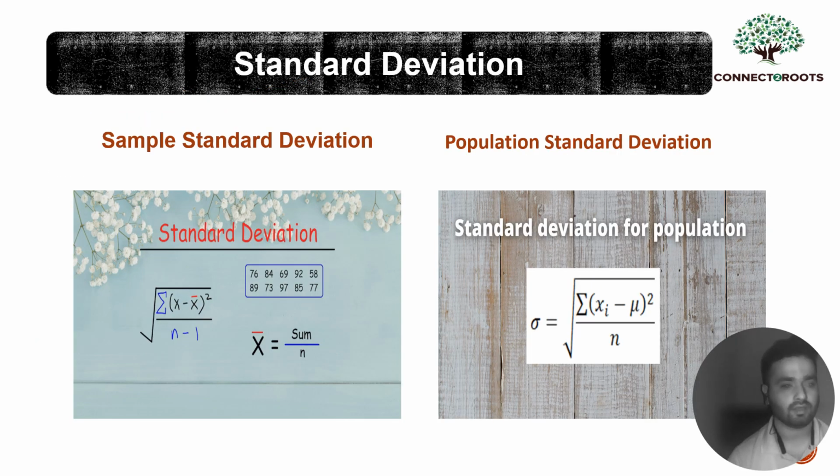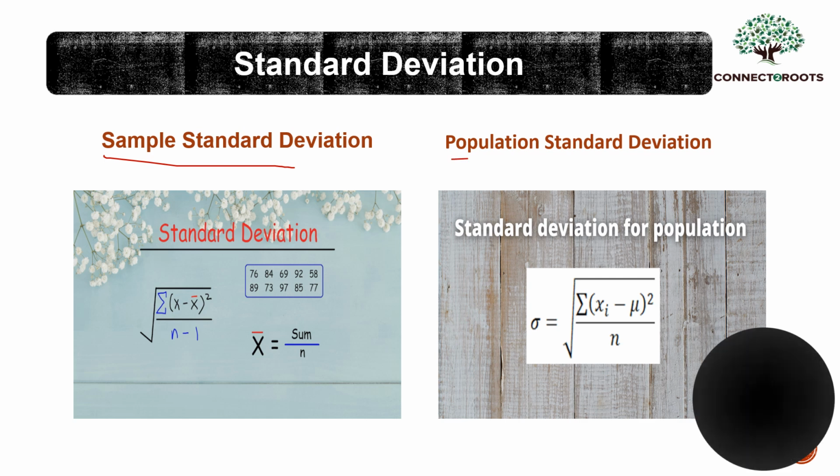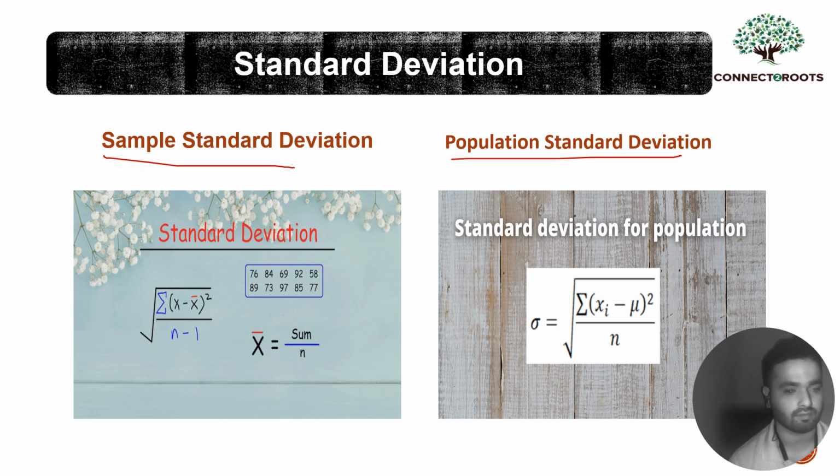So these are the two formulas, basically sample standard deviation and population standard deviation. The sample standard deviation is the summation of x minus x bar, where x is your individual observation, like 56, 76, minus x bar, which is the average or the mean of these values, squared, divided by n minus 1, where n is the number of data points.